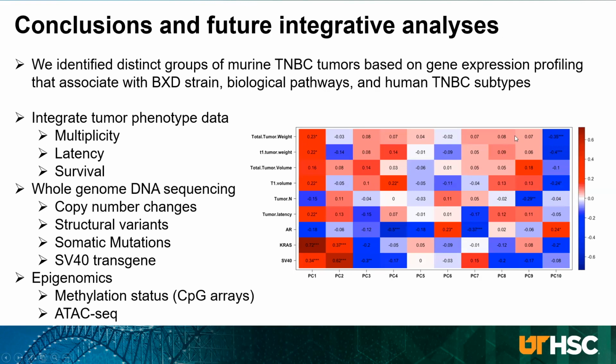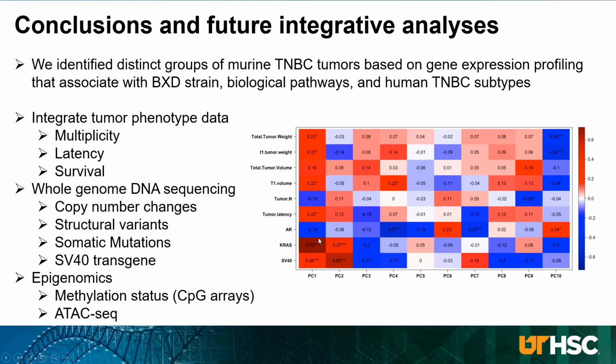On the right here, I've got an eigencore plot, if anybody knows what that means, but essentially we are relating some of those principal components that I've shown before with different phenotype information. I included some gene expression here as well, but overall from just this preliminary result, you'll see principal component 1, which represents about a quarter of all the variation across all these tumors, is heavily influenced by the SV40 expression.